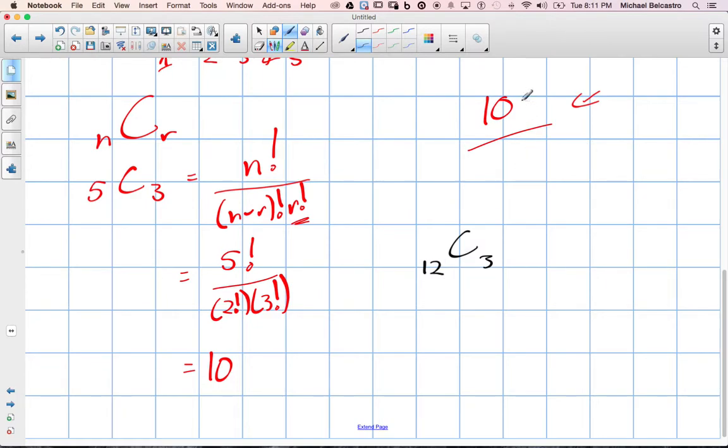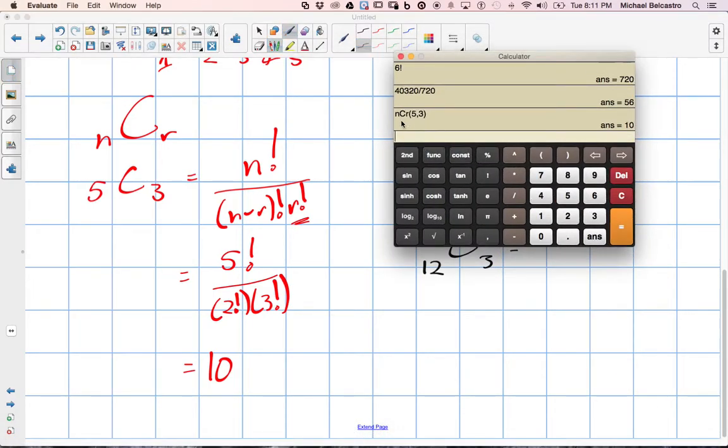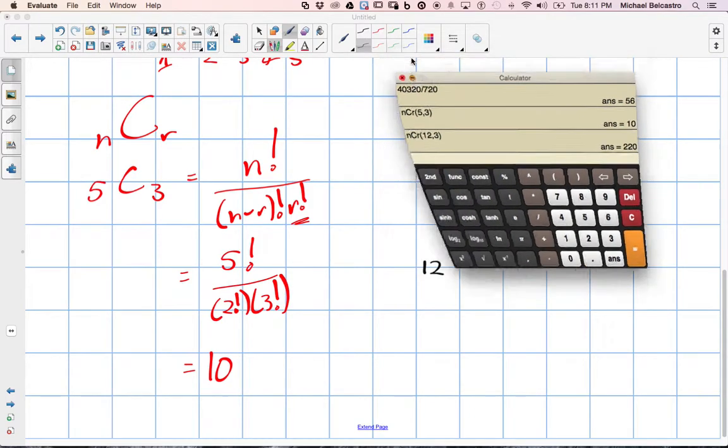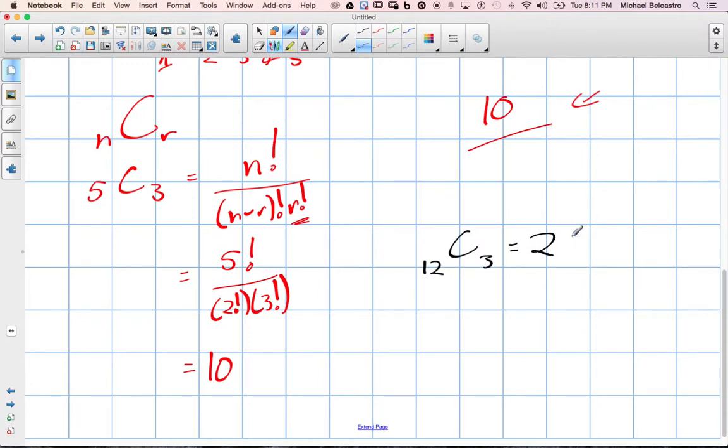Let's calculate that, and we'll make sense of the 2 numbers at the end. Same idea, we use that combination in our calculator. Let's change these numbers to 12 and 3. We can choose 3 guys out of 12 in 220 different ways.